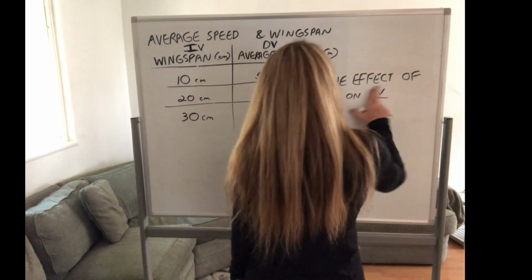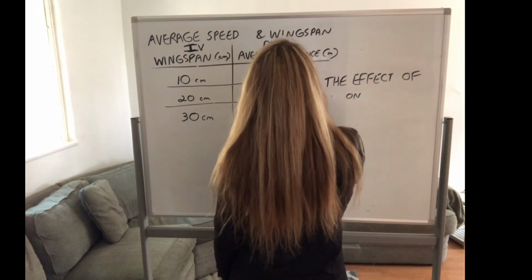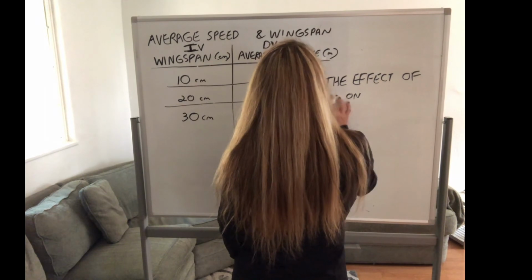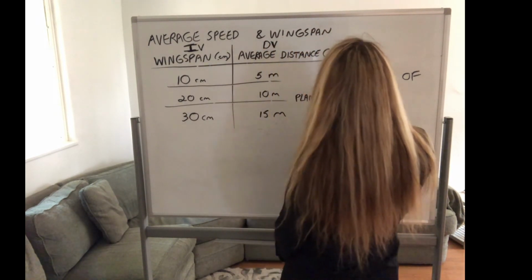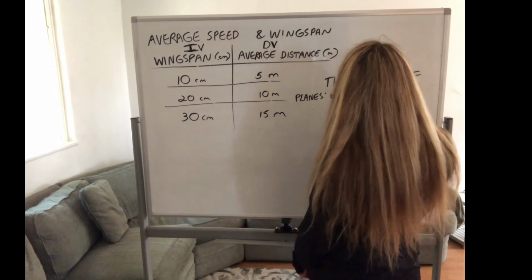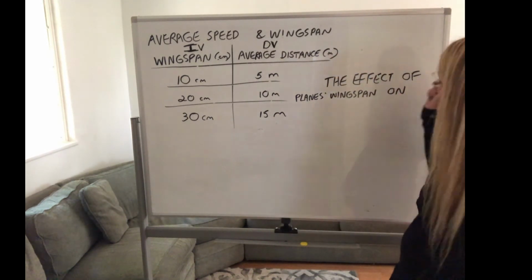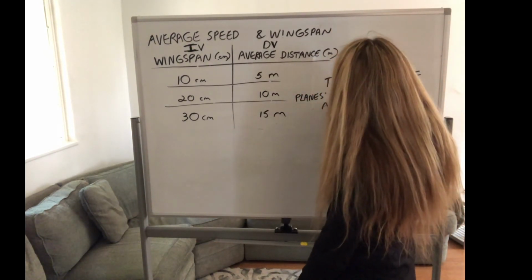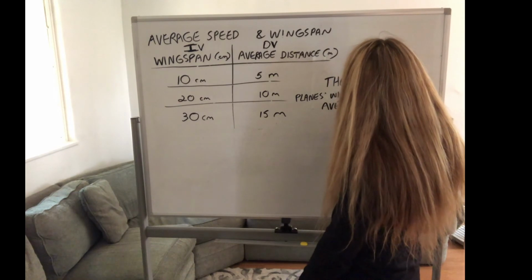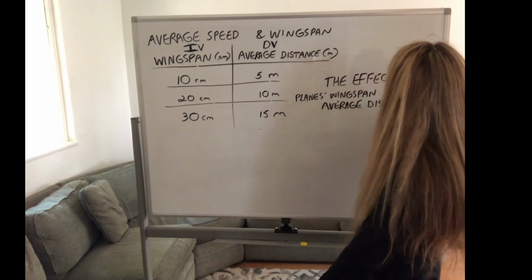So I'm gonna go back, effect of wingspan, plane's wingspan. And we know this is paper plane, so I'm just gonna say wingspan on just average distance, or displacement is more accurate. Distance.